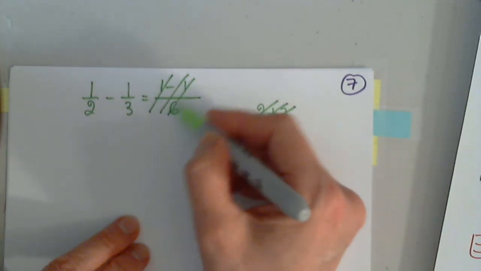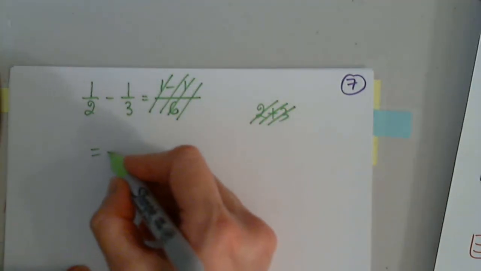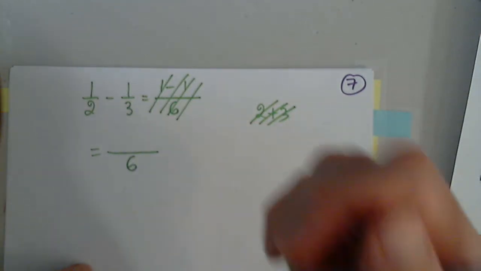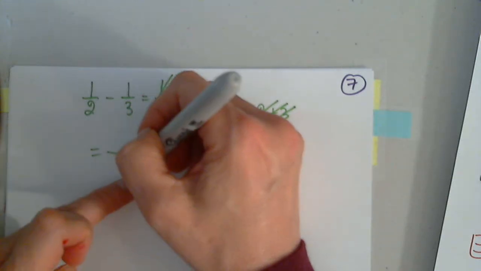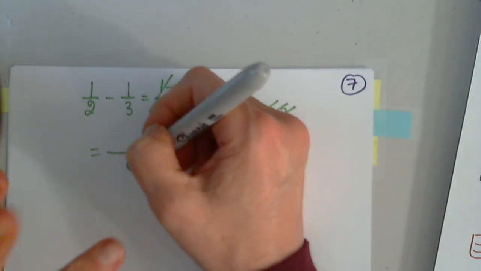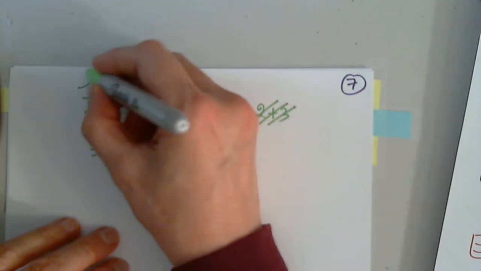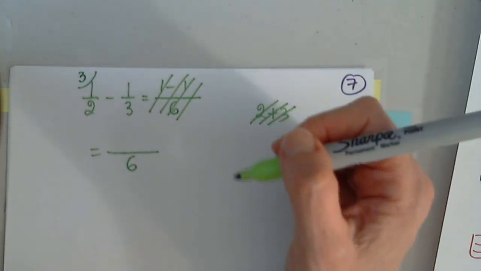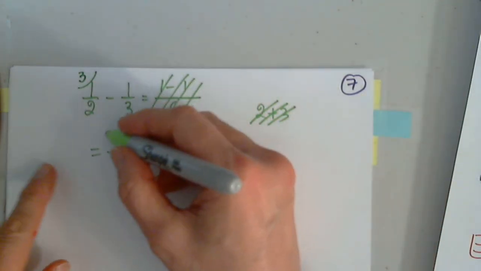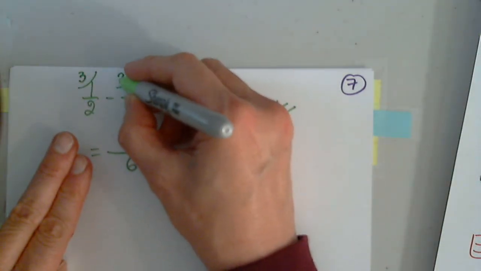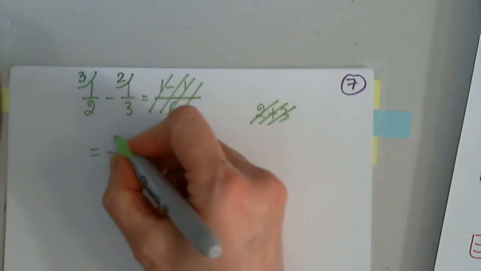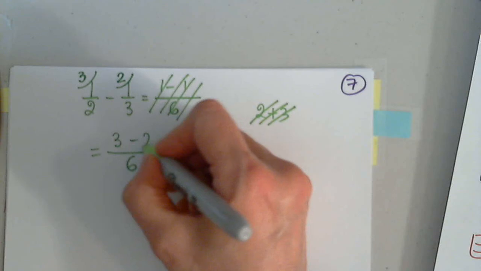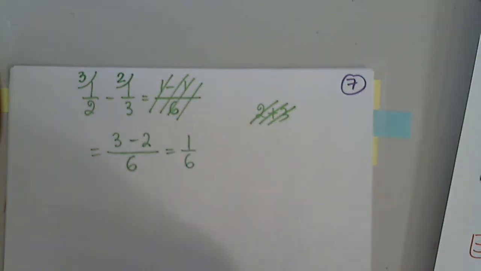The answer is no. When I write the least common denominator to be 6, I'm automatically asking myself, 2 times what is 6? I multiplied by 3, which means I have to multiply the numerator by 3. Mandatory, I have to multiply the numerator by the same quantity. 3 times 1 minus 2 times 1, and this is how I get 1 over 6. Otherwise, it will be 0.